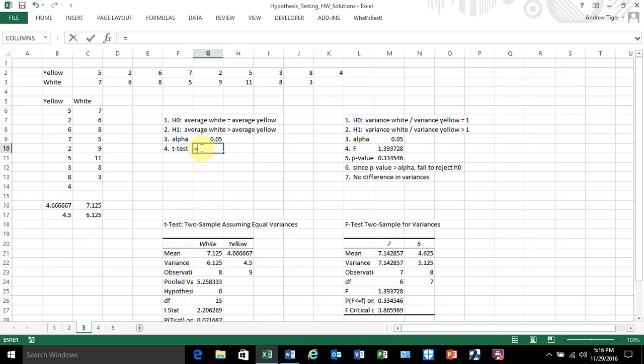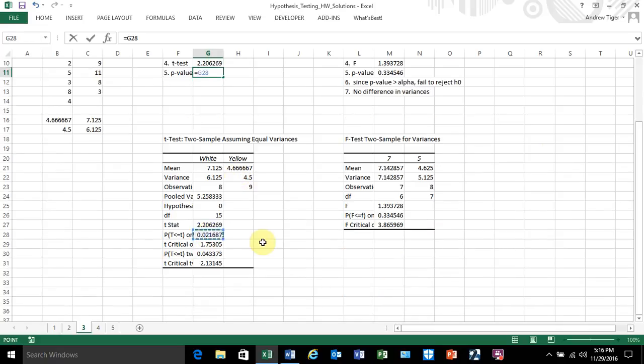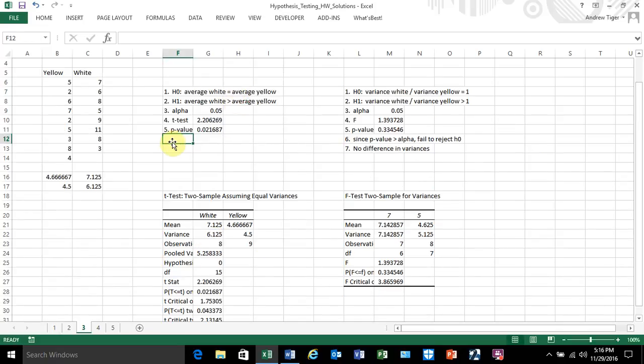Now my t-stat is this, and then I calculate a p-value, which for a one-tailed test is that, and it is smaller. Since the p-value is less than alpha, we can reject the null hypothesis. And yes, we can say that yellow softballs have fewer errors.